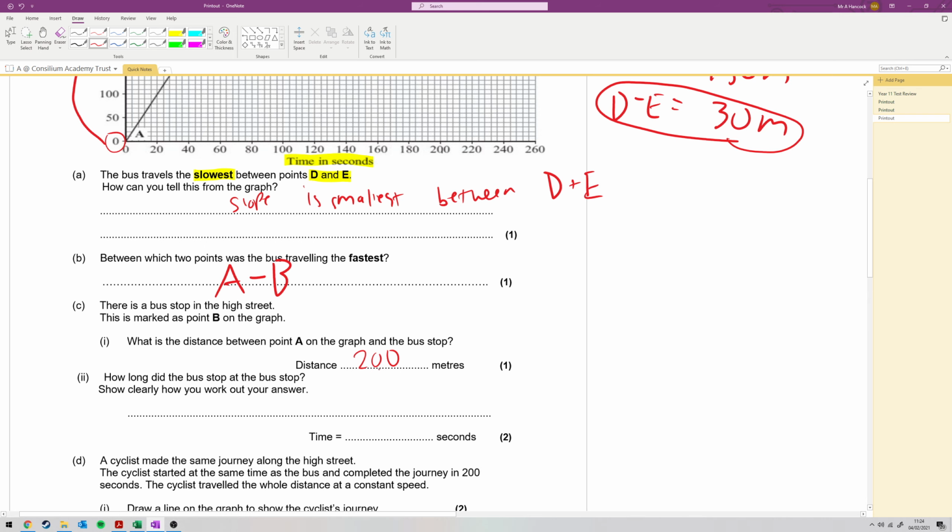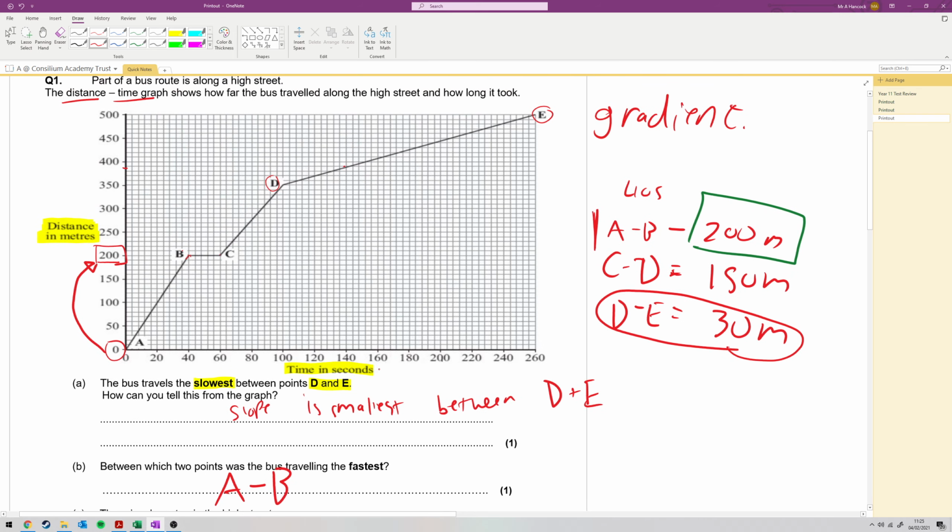How long did the bus stop at the bus stop? Show clearly how you work out your answer. Well, they've already said that this is the bus stop at B. Now, you can see that between B and C, there is a flat line. It's horizontal. That means they have not moved.